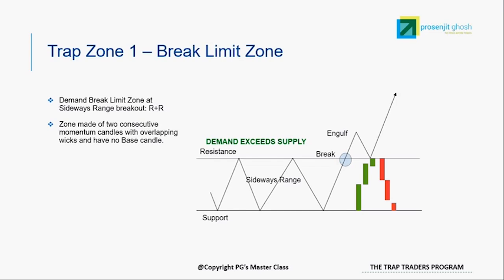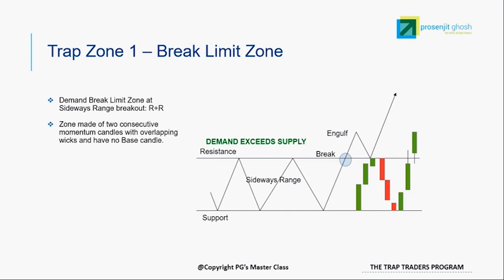So how does it happen in the candlestick chart? Look what is happening. Price moved up, tried to break the resistance, but failed and came down, creating an upper wick, and thereafter price gaps up above the resistance, comes down a little, creating a lower wick, and moves up and closes above. So an engulf of the demand happens.